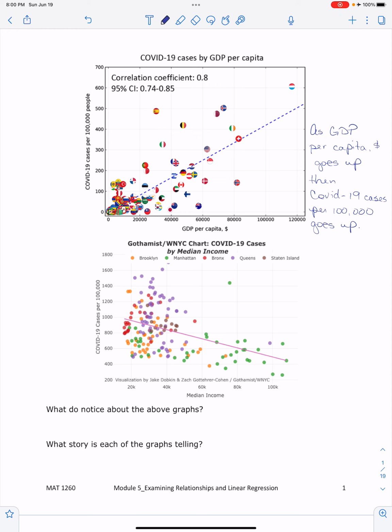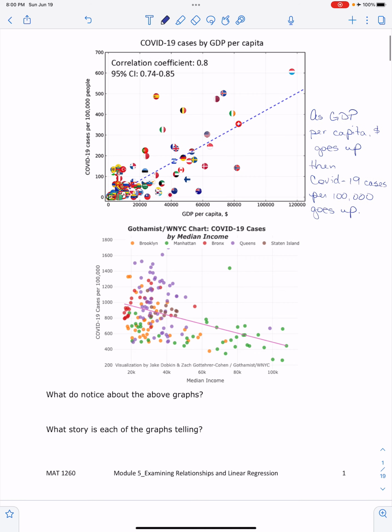Okay. Bottom graph. We have COVID-19 cases by median income. This is a nice one because we've also color-coded median incomes in the 5 boroughs of New York.